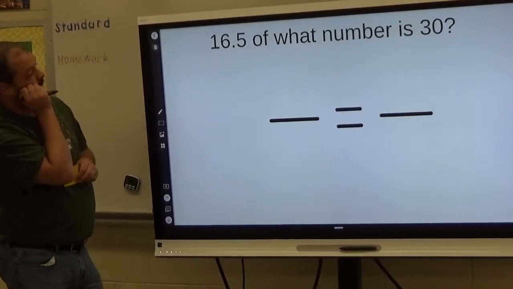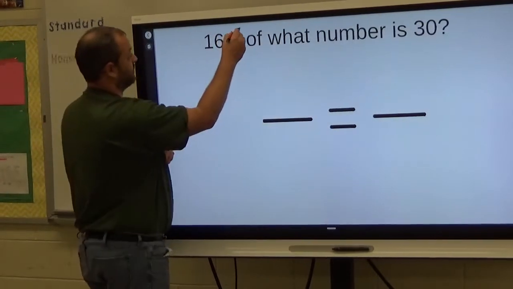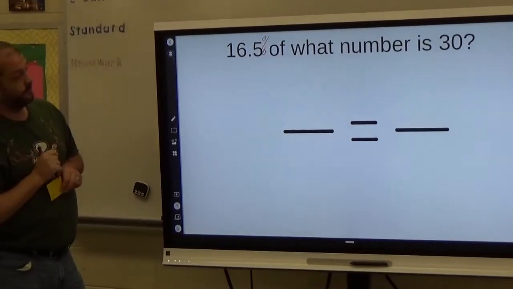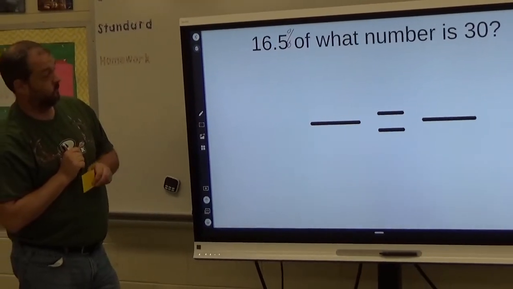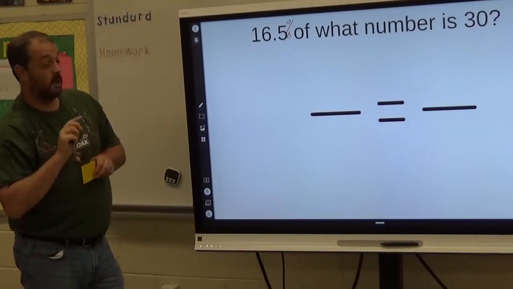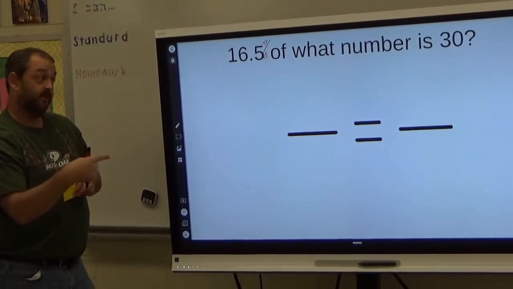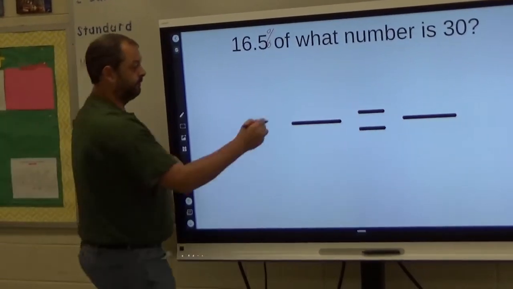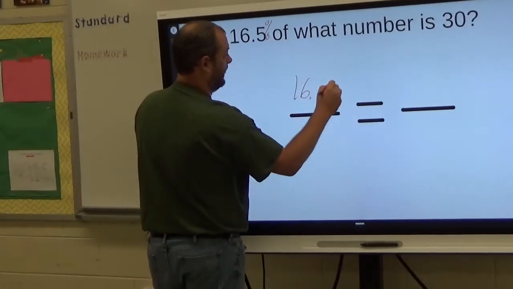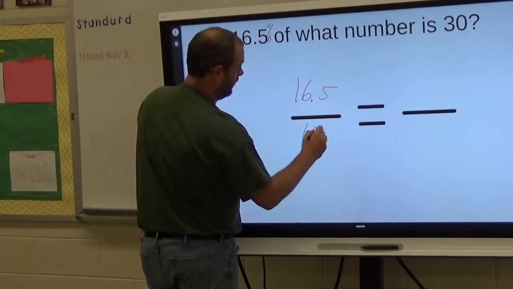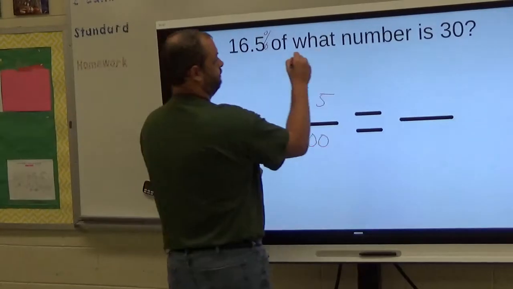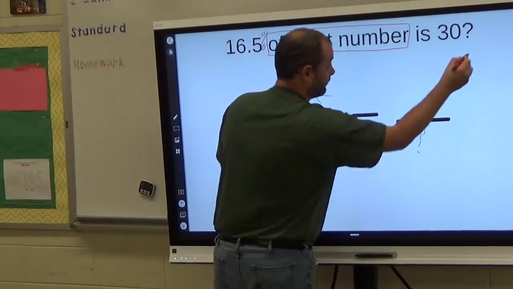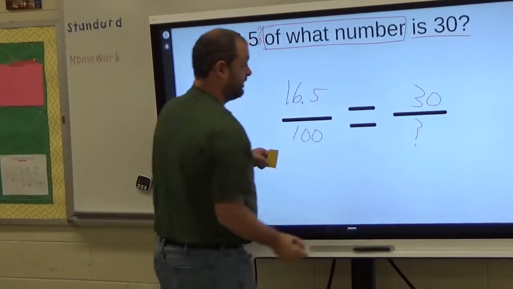Ooh. This should be a percent. I forgot that when I made this. Now, pause and see if you can figure it out on your own. Okay? So we've got 16.5% over 100 of what we don't know is 30.